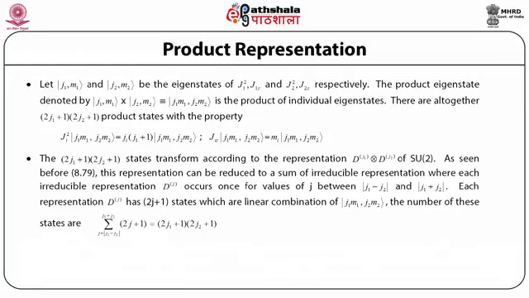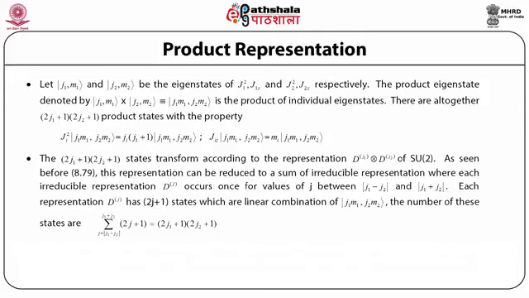All possible values of j lie between the magnitude of j1 minus j2 and j1 plus j2 in steps of 1. So each representation has 2j plus 1 states which are linear combinations of |j1 m1⟩ and |j2 m2⟩. So the number of these states in the product is then equal to the sum of 2j plus 1 over all values of j from |j1 minus j2| to j1 plus j2, which is equal to (2j1 plus 1) into (2j2 plus 1).